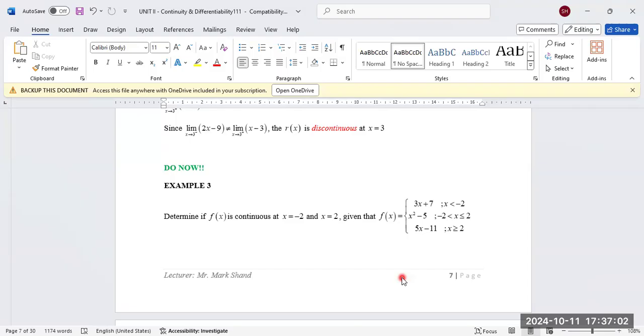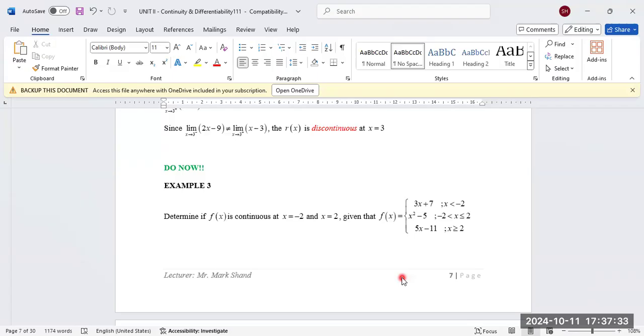So you're looking at a number, and you're investigating the left of the number and the right of the number. If the left of the number gives you the same result as the right of the number, then the function is continuous. If the left gives you something different from the right, or vice versa, the mere fact that they're not the same should trigger a red flag.